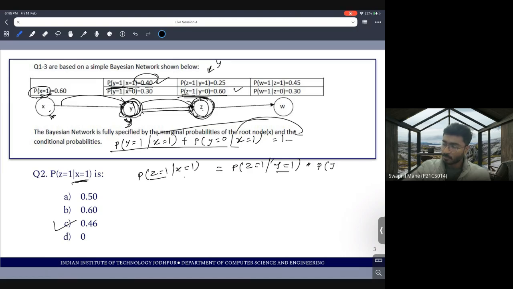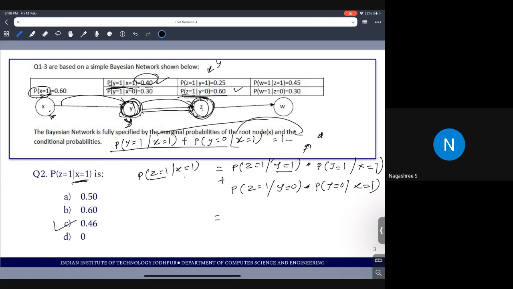At the time of y is equal to 1, I require the probability of x is equal to 1, right? So this is for the one class, and the same for the zeroth class. Z is equal to 1, given that y is equal to 0, I need to access the probability of y is equal to 0 given that x is equal to 1. So this is a summation actually.